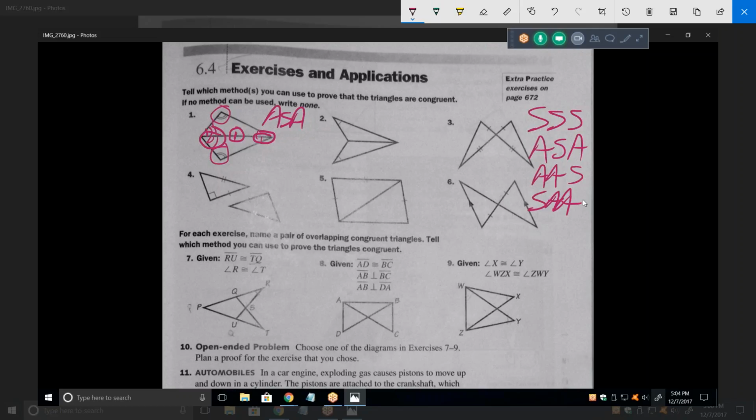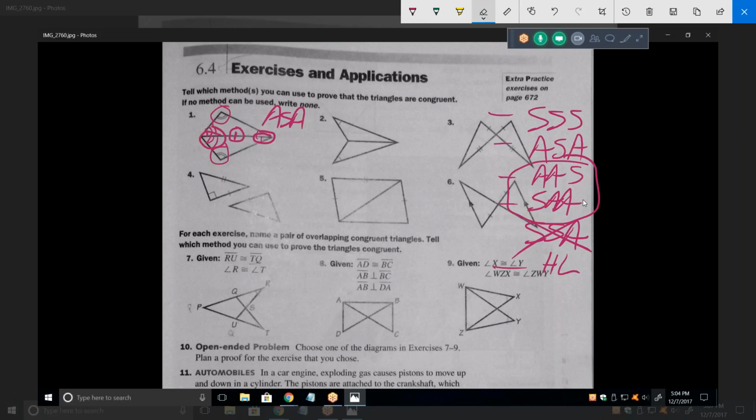But this does not prove congruency: side, side, angle. So be careful of that one. And then you got hypotenuse, length, if you have a right triangle. So I think these are the only five. 1, 2, 3, 4, 5. And a couple of them are kind of the same. That's the same. So, all right.